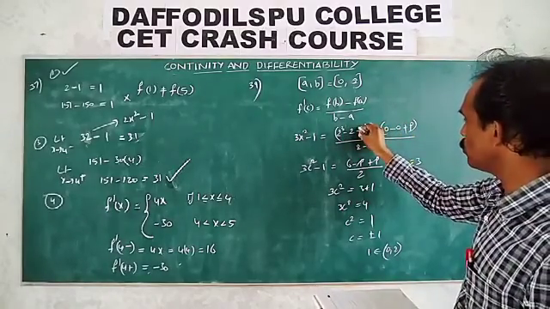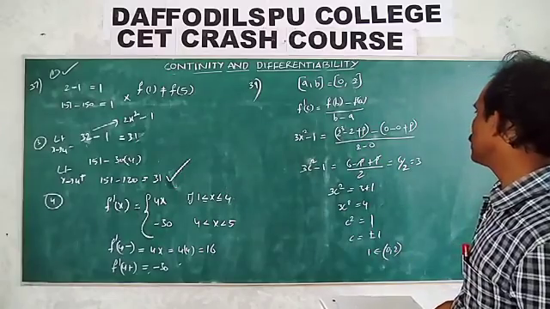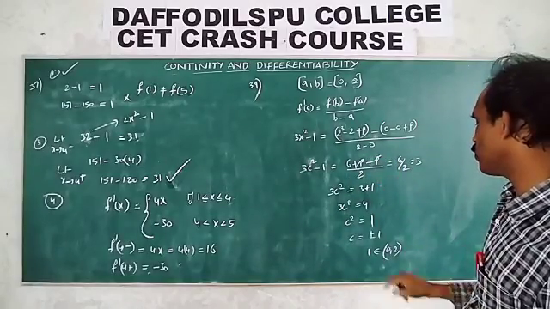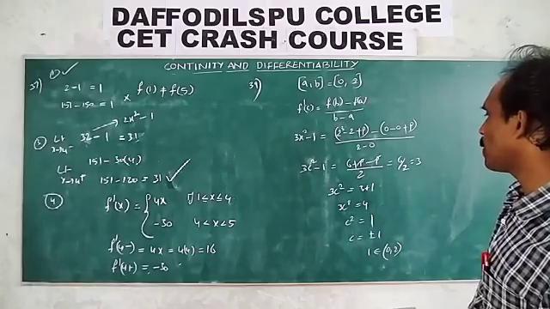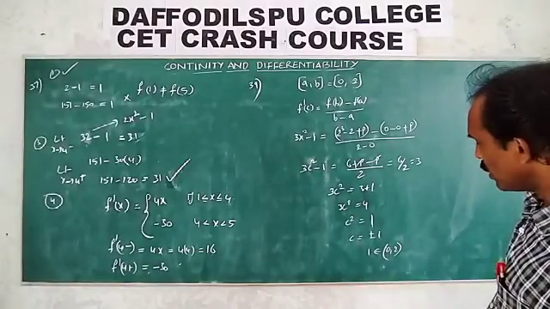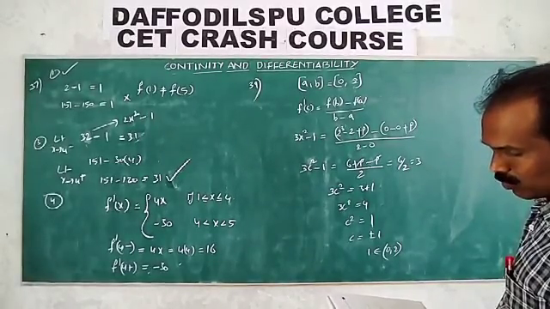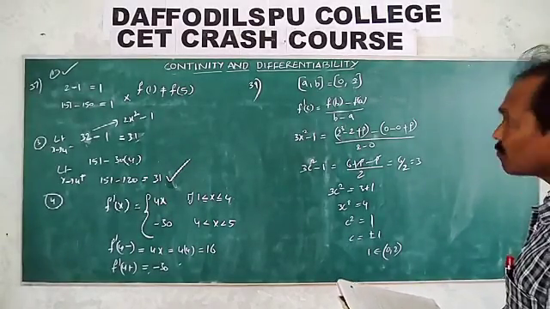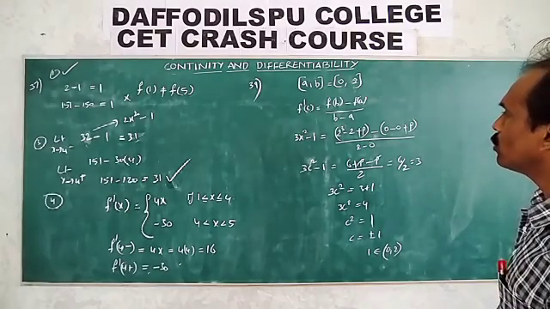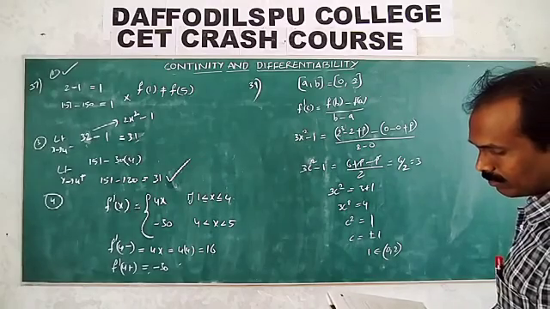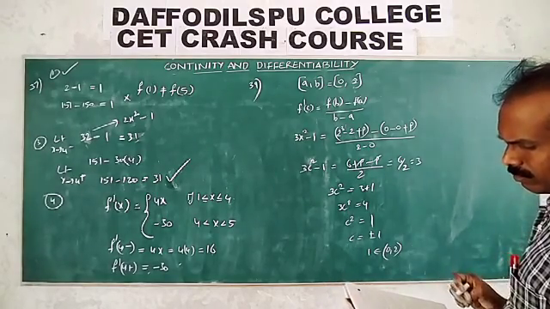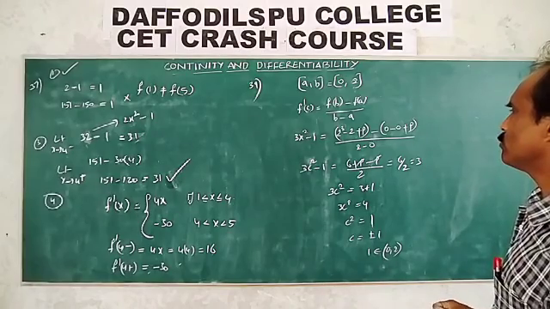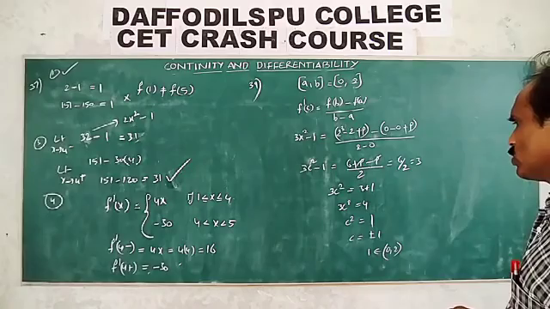Plus p minus p cancels. 3c square, and 1 belongs to 0, 2, but the value of c is not among the options.